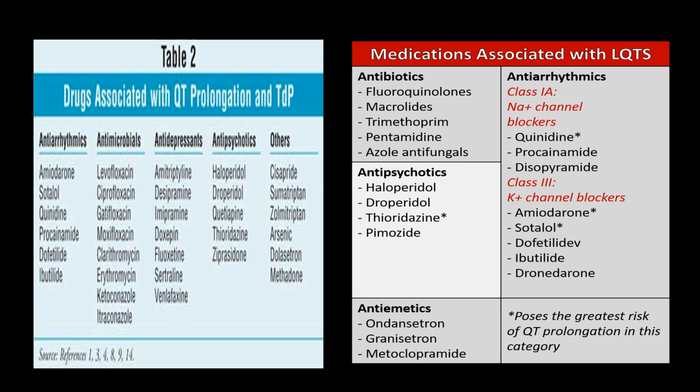And I think it's important to have an idea of this list because if you think about it, we give some of these medications very easily when patients have complaints. They complain of having nausea. How easy is it for us to pull 4 milligrams of Zofran and give it to them?